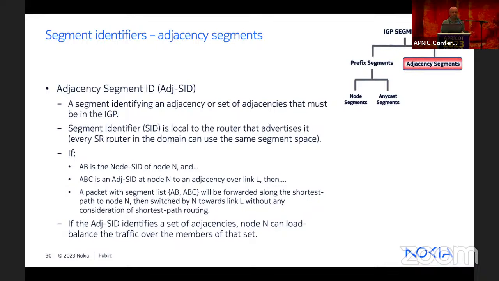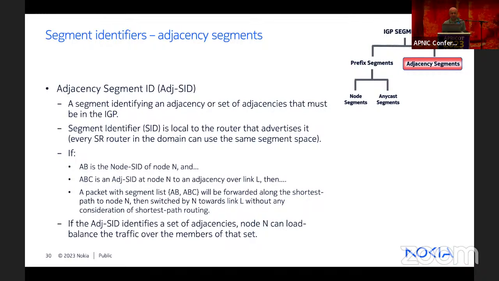You do advertise that information, but it doesn't need to be globally significant. The value only makes sense to the node that has it, so there's no need to use a globally significant address for it.